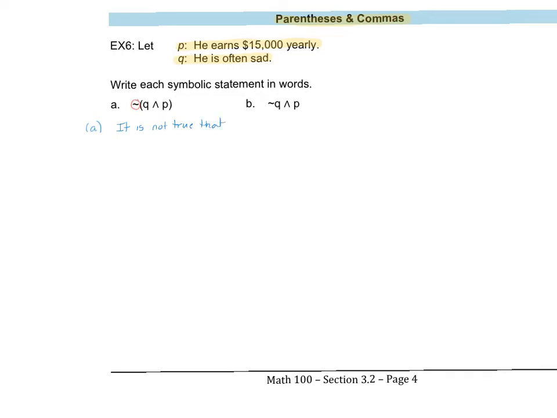So that would be this negation. What follows will be negated. The whole thing will be negated. So Q and P. He is often sad and he earns $15,000 yearly.